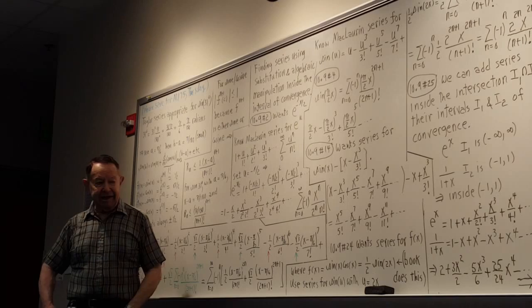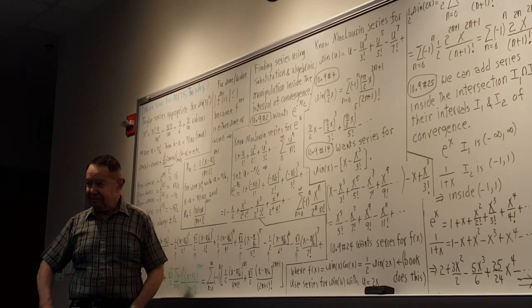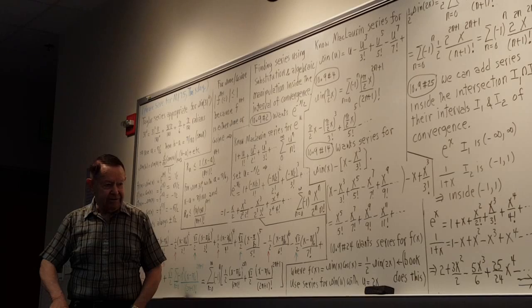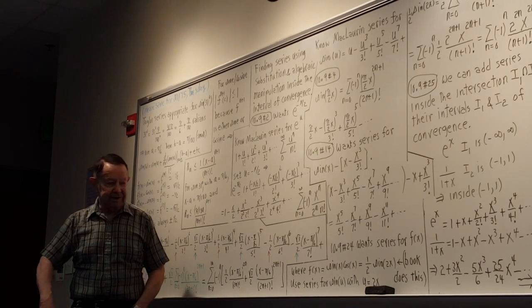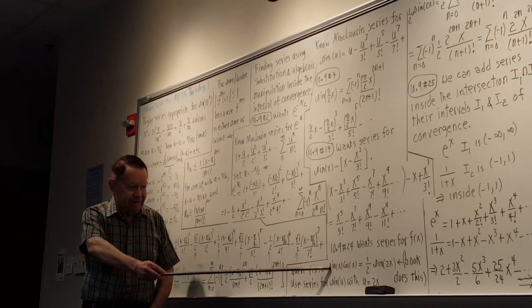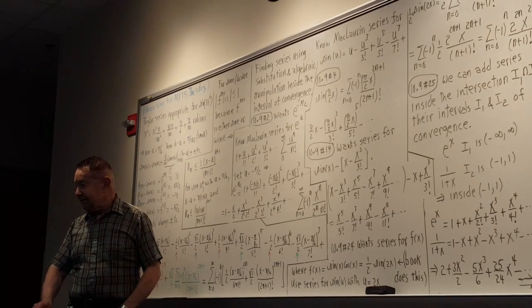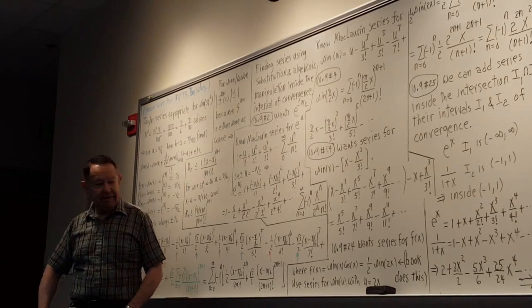And what you'll get is the first few terms of the series that they want. The other way you can do it in this example is trig identity. 2 sine cosine is sine of 2x.